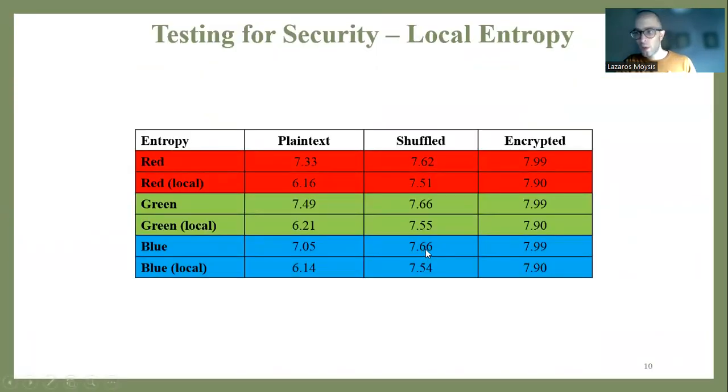The idea is the same, of course, as with the gray images. The local entropy is slightly higher for all three channels. And of course, the entropy of the encrypted image is the highest of all, both for the original entropy and for the local entropy. And this is the idea behind using local entropy, and this is how it differs from the classic entropy, which is computed over the whole image.